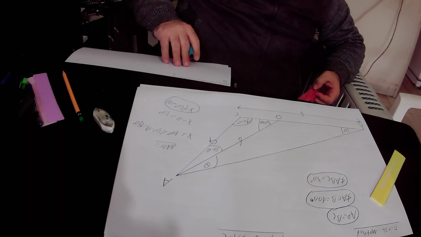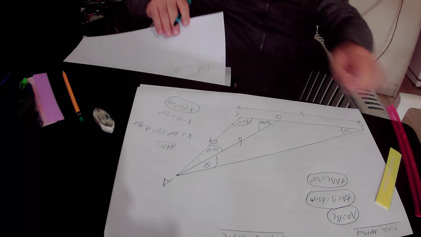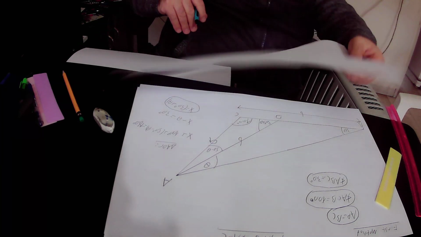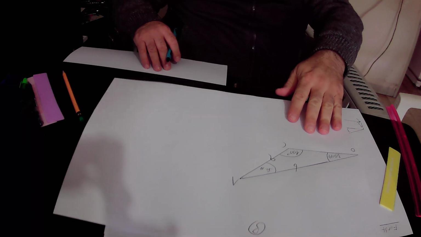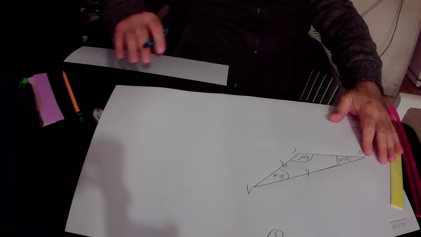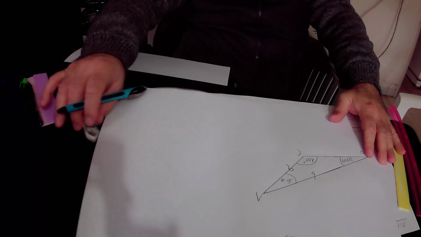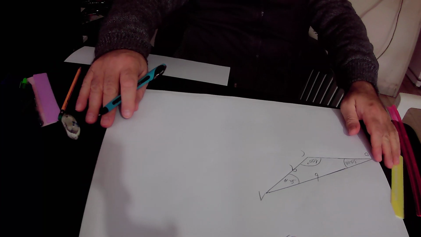So this is triangle ADC. I copied triangle ADC from the original drawing, and we will implement the law of sines in this triangle ADC.